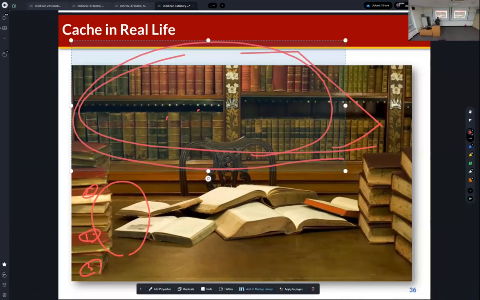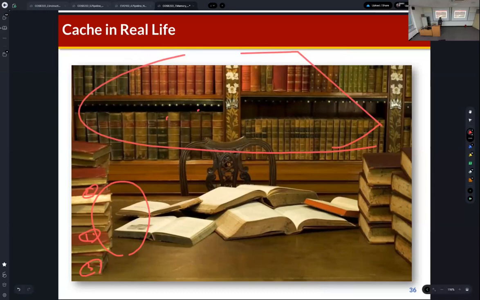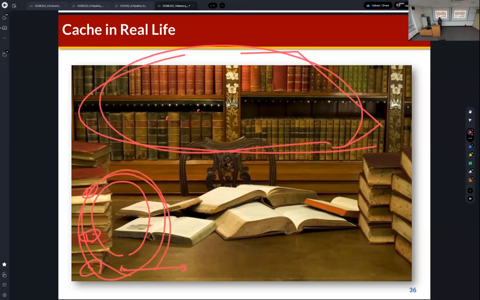What does that mean? Because of locality, the locality of books, we will just read a smaller number of books during some time period. We just focus on reading a smaller number of books.